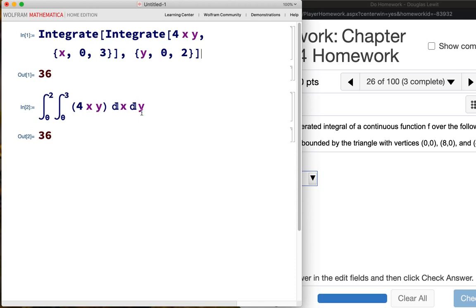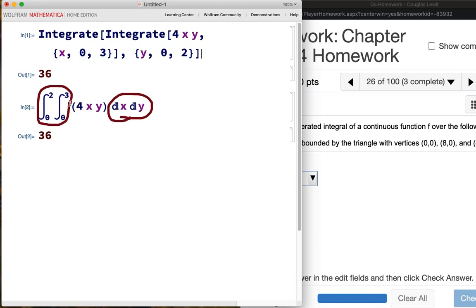When you change the order of integration, you have to be really careful because it will change the limits. Now, if you're integrating over a rectangular region in R2, then changing the limits is actually pretty easy.